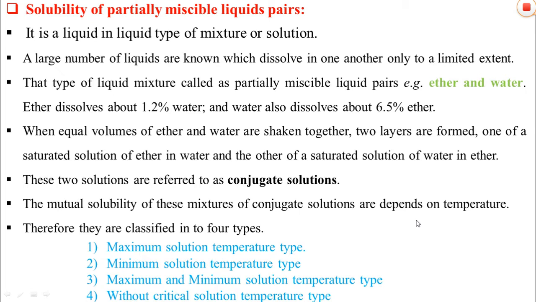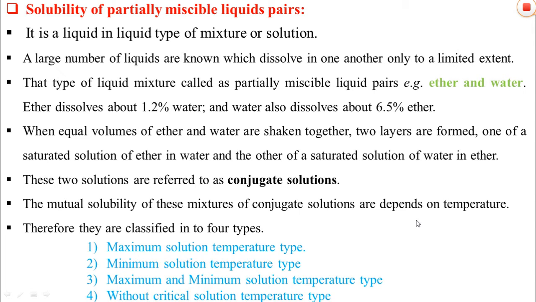For the sake of convenience, we take one example, that is ether and water. In this ether and water, the ether dissolves in water only about 1.2%, and water dissolves in ether only about 6.5%.